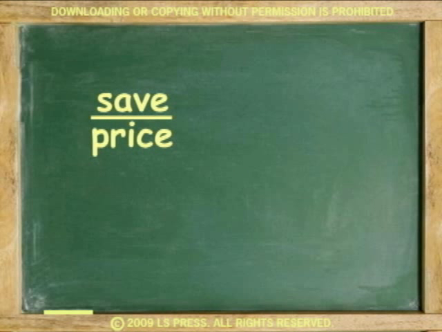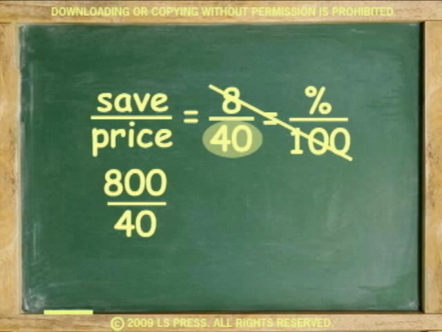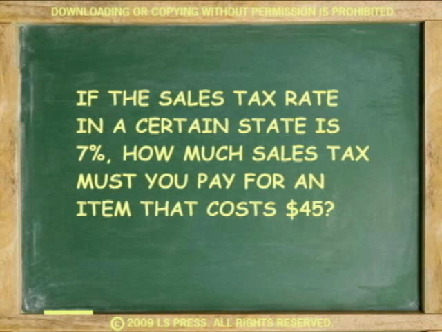The starting ratio calls for save over price, which equals $8 save per $40 for the price. This must equal save percent over 100. Multiply and divide. 8 times 100 is 800. Divided by 40. The answer is 20% in savings.